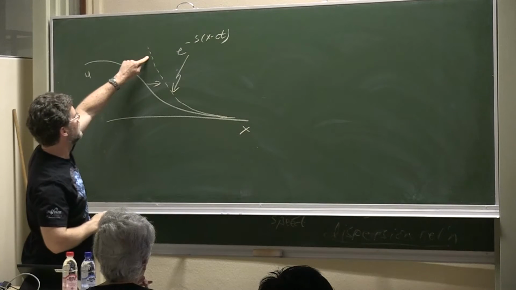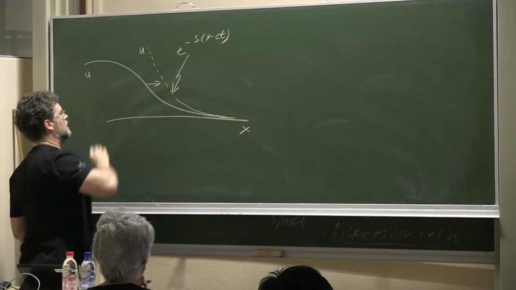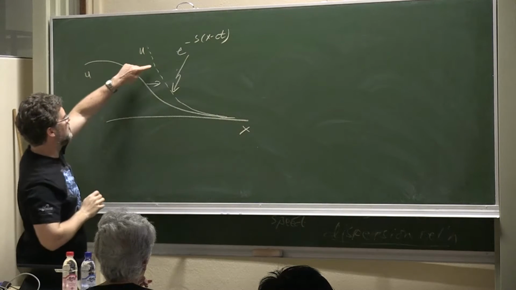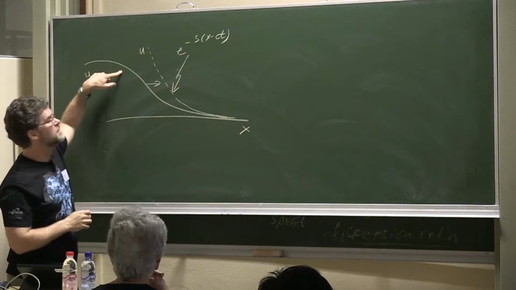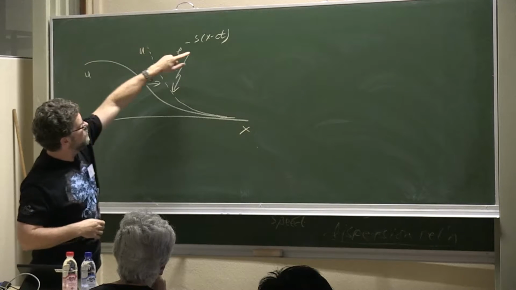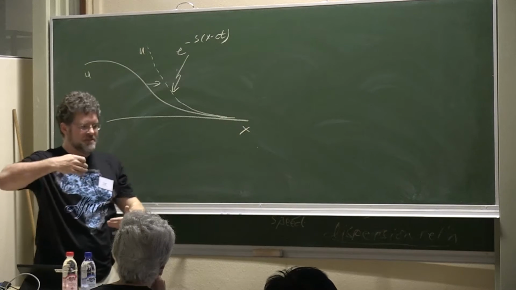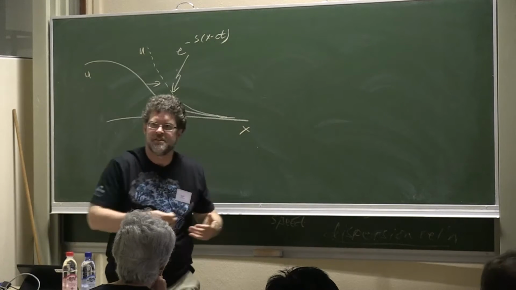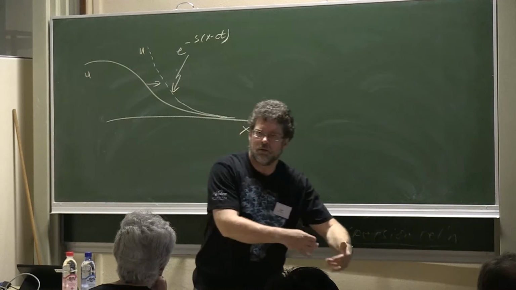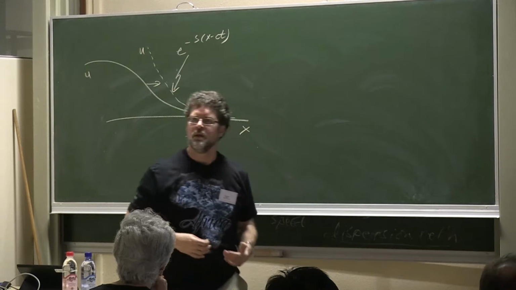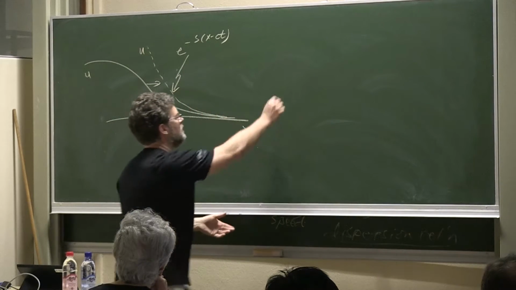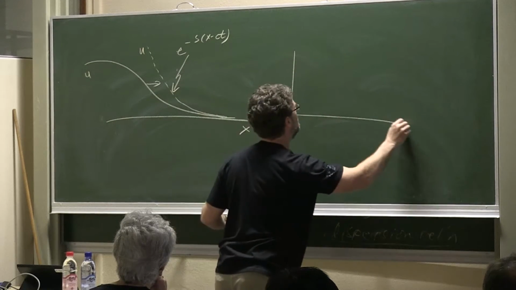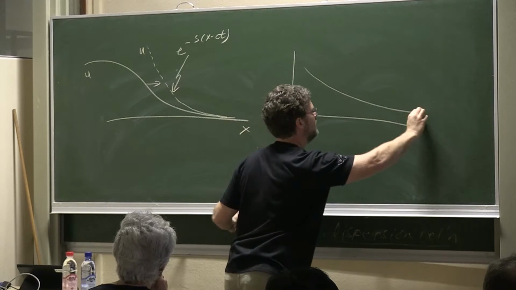This is u for the linear equation, and this is for the original equation. And so if we look at s here, s is how quickly the population drops off as you get to the edge of where it's spread to. And so if s is small, you have a shallow wave.